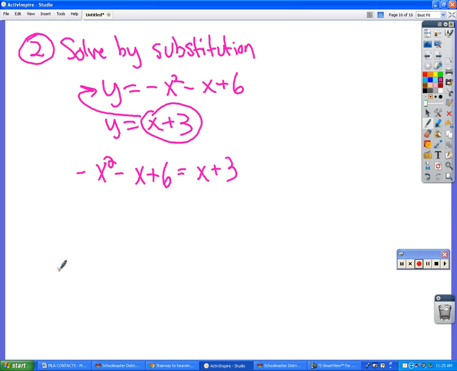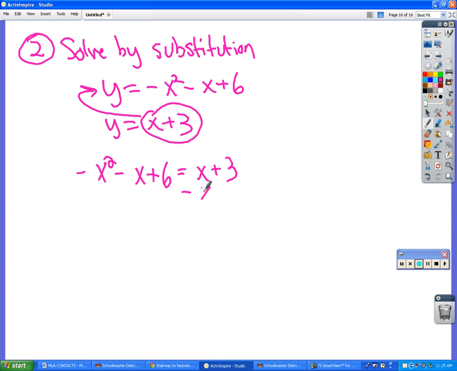Now I have to solve that equation, and we have been doing that for weeks, it seems like. What do I do first? Yeah, I've got to get everything together on one side, combine like terms. Do you want to move everything to the left or to the right? The left. To the left, okay.